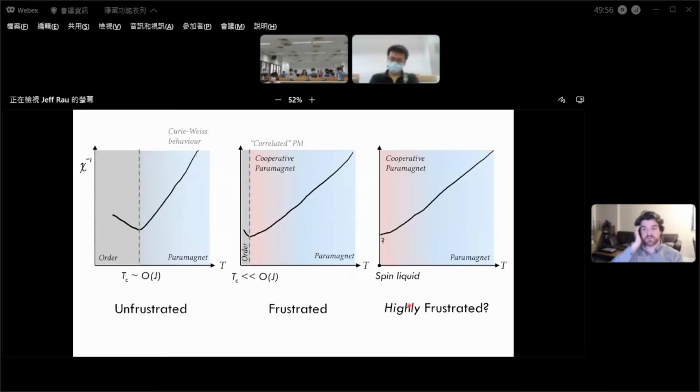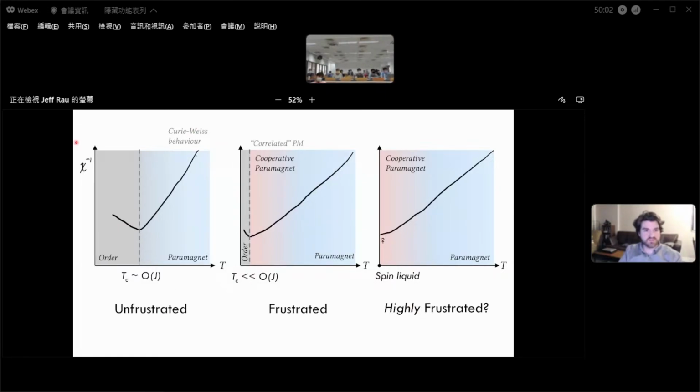So as we crank up this frustration, we're looking at a picture like this. I'm drawing something like an inverse susceptibility. As this inverse susceptibility gets lower and lower, that means it's more susceptible to, say, a field of some kind, right? In a typical unfrustrated magnet, at high temperature you have low susceptibility. The susceptibility increases, so the inverse susceptibility decreases.